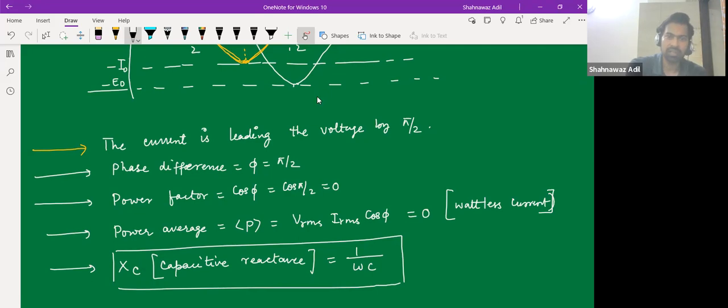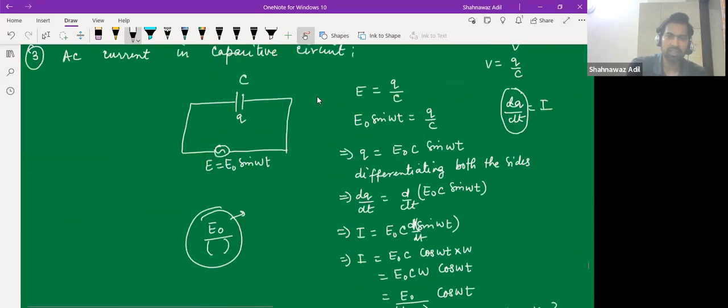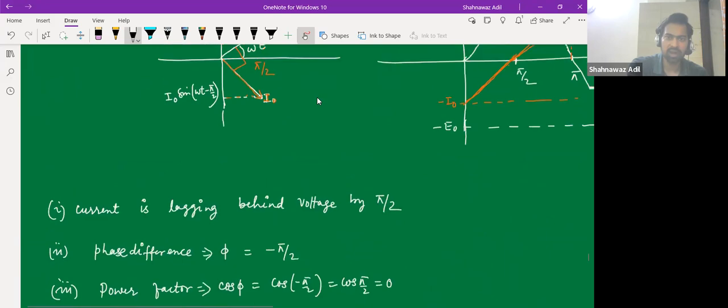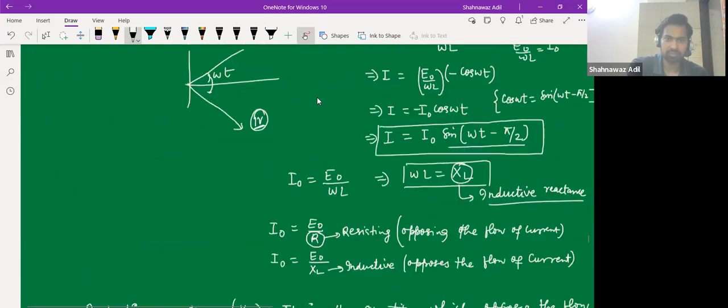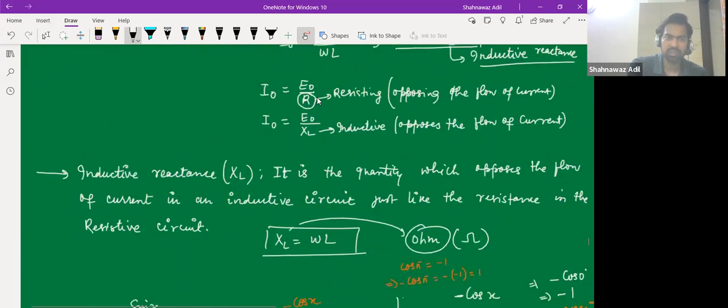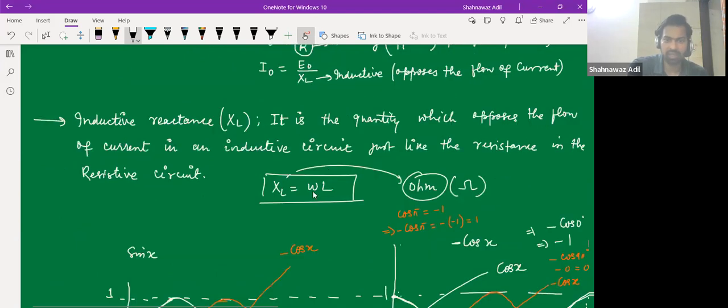And in the case of the inductive circuit, we saw that this inductive reactance was directly proportional to the frequency. So this omega tells you about the behavior of the EMF supply, right?